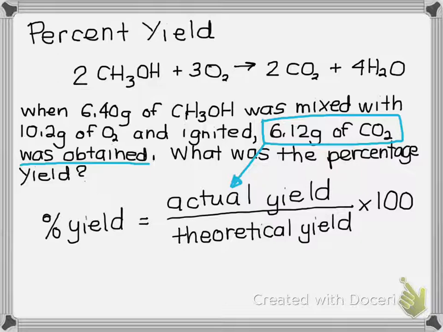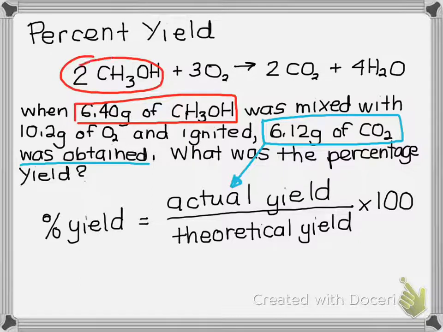Now the other two pieces of information that were given, you see that it says when 6.4 grams of methanol, so this is one of the reactants that were given right here. And then you also see that you mix that with 10.2 grams of the oxygen. So this is the second reactant.